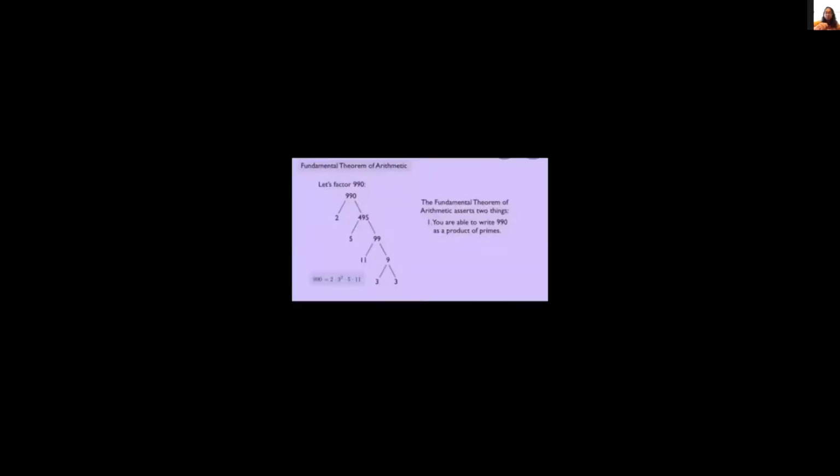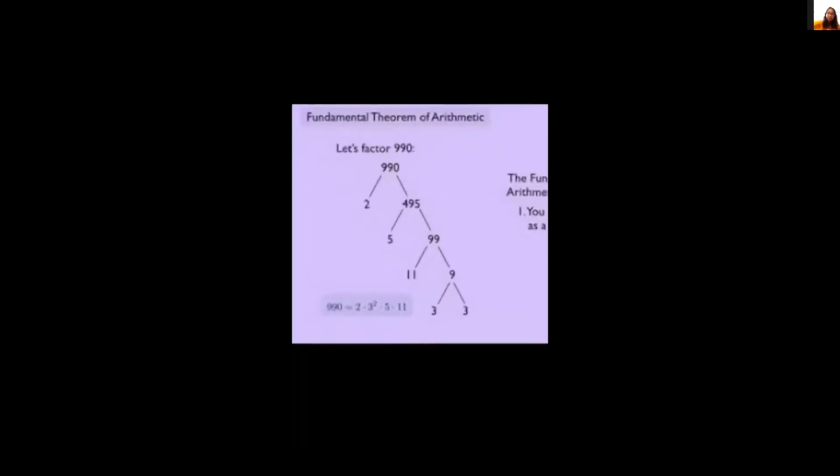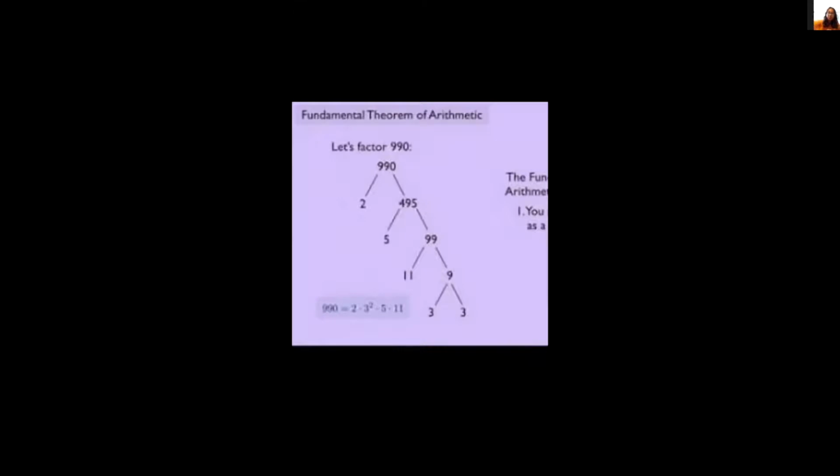So let me start sharing the screen. To know what exactly is fundamental theorem of arithmetic, what you have to know is the factor tree that you learned in your lower classes. Here I'm taking a number 990, and I'm sure all of you remember how to do the factor tree. And what would the factor tree give us? It would give the representation of 990 in the form of prime numbers.